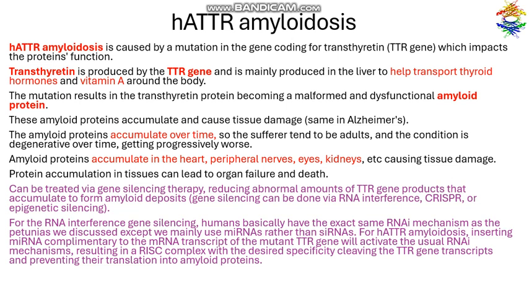Another is epigenetic silencing, where we can prevent expression of the TTR gene by wrapping it around a nucleosome, so it's not in its transcribable form of... what was the word that we went over last time?